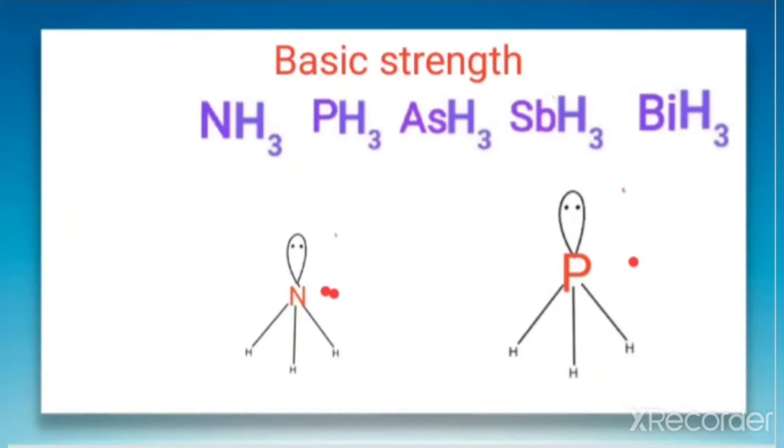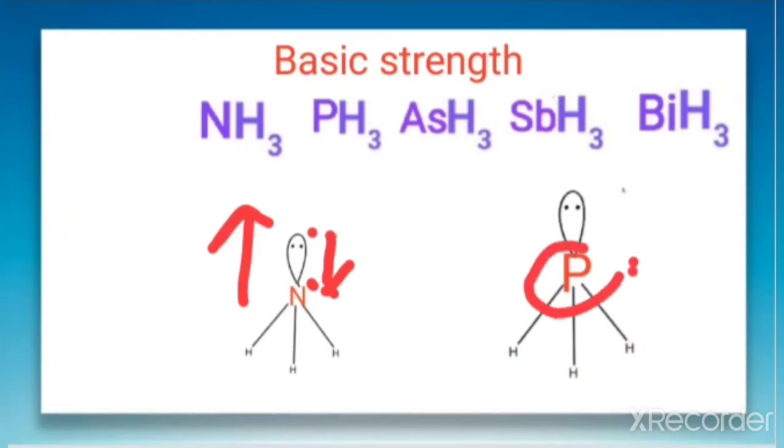Because of the smaller size, the lone pair is concentrated in a small region and the electron density on it is maximum. Therefore, its electron releasing tendency is maximum. But phosphorus is greater in size, therefore its electron releasing tendency is lesser compared to nitrogen.